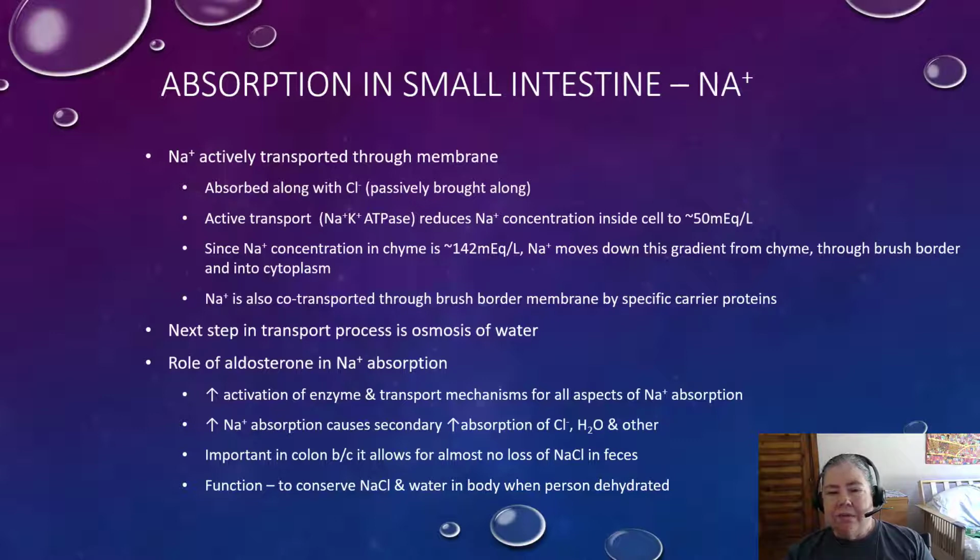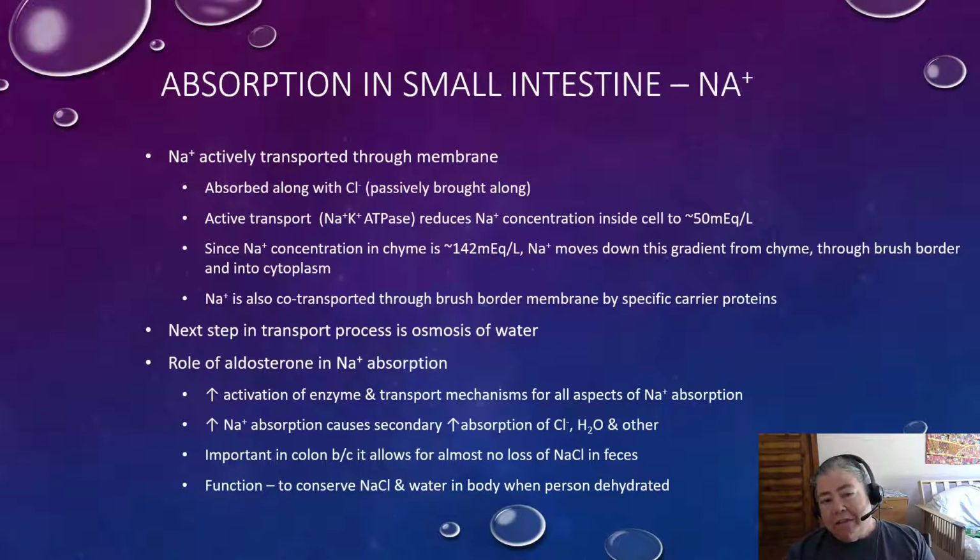But the sodium concentration within the enterocytes is very low, just as it is in all other cells, because of the constant transportation of sodium out of the cell. And so sodium will move out of chyme into the cell down a concentration gradient, and then again is actively pumped out into the extracellular fluid. There are also carrier proteins that co-transport sodium along with amino acids and glucose, and we'll talk about those in a few minutes. And these are active at the brush border.